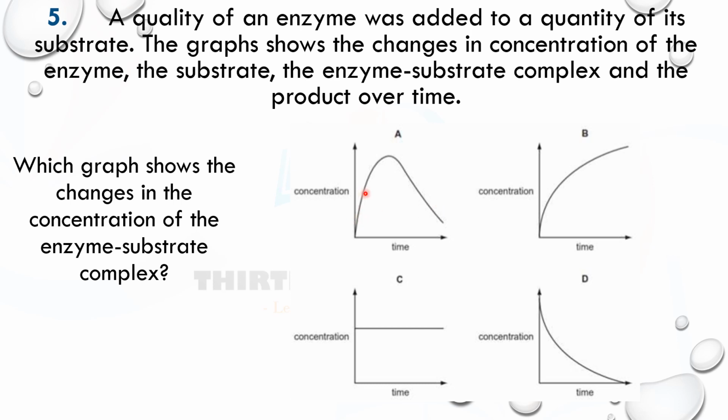So they build up at the beginning, and then start dissociating, because temporary bonds formed between enzyme and substrate break or convert the substrate into product. As the ES complex is converted into product, its concentration will decrease. So the answer is A.